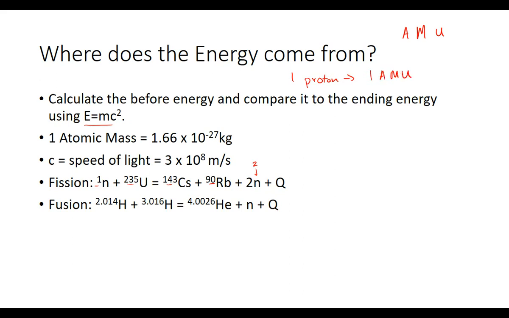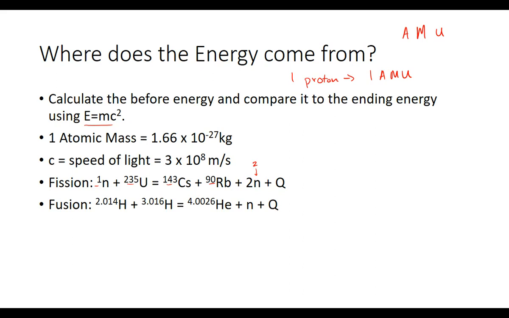So it's basically the number of things in the nucleus, because both protons and neutrons have approximately the same mass. So it's a unit of mass, a very small unit of mass.